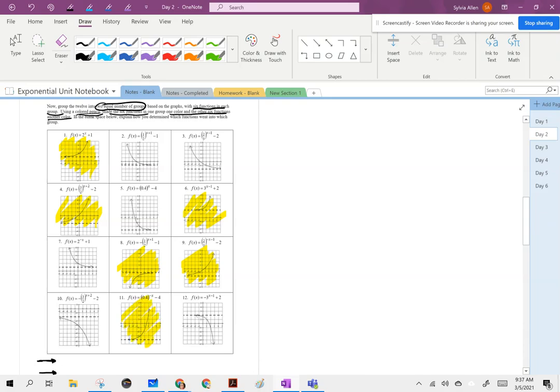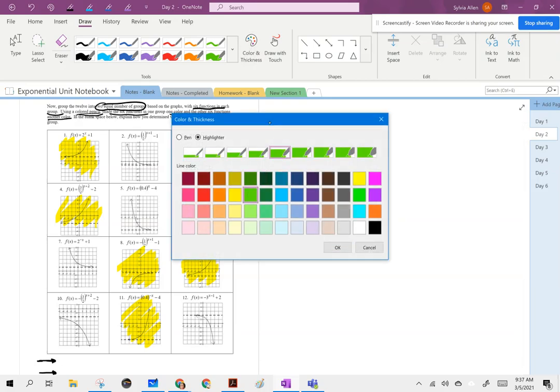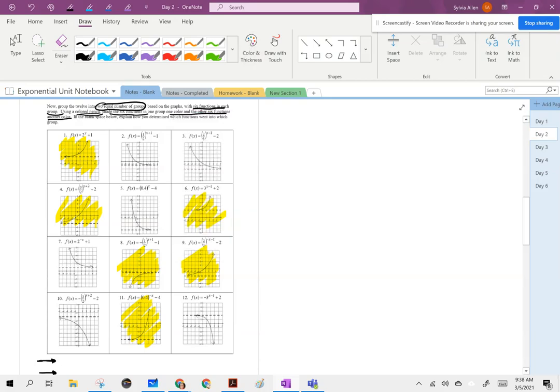Okay. And then I'm going to use a different highlighter. And that's how we got our 2 equal groups of 6.